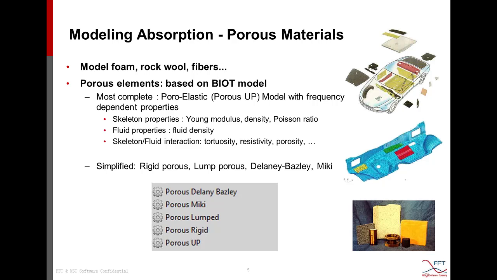While the Delany-Bazley formulation and Miki formulations are two semi-empirical formulations, and they are quite convenient in the sense that we just need to set very few parameters in order to model the porous material. However, as I said, all these simplified formulations have their validity range.